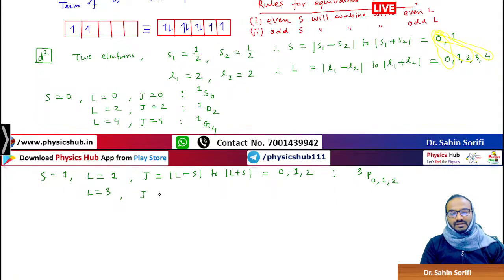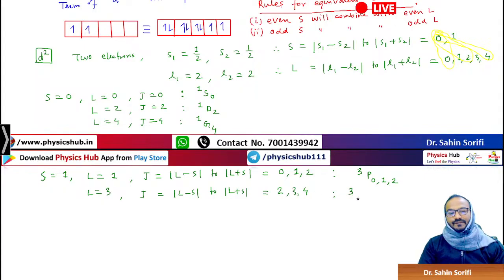Here what will be the value of J? Again L minus S to L plus S. 3 minus 1 is 2, so it will start from 2. Maximum is L plus S, which is 4. So 2, 3, 4. What will be the terms?